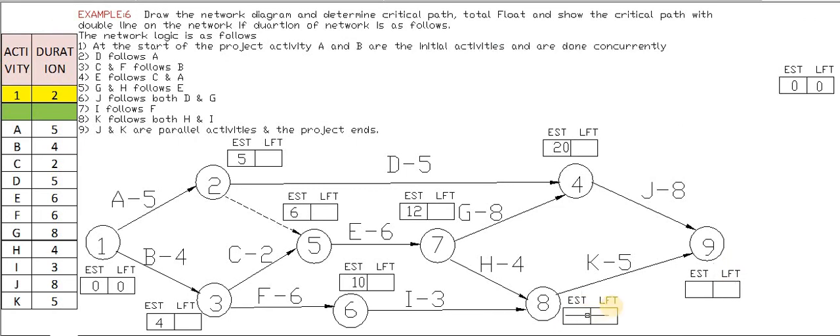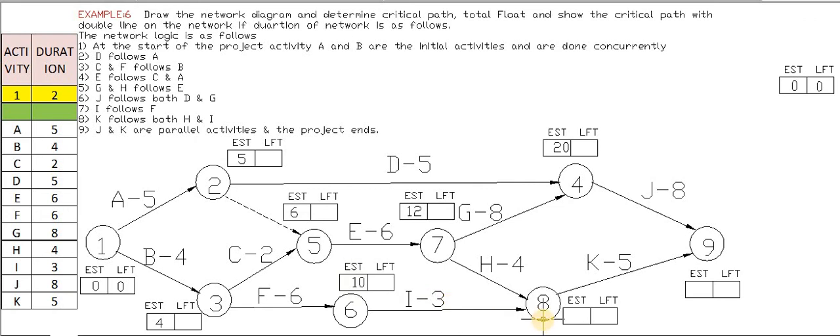Next is node number 8. Node number 8 again has 2 arrows meeting. One arrow is from 7 to 8, the next arrow is from 6 to 8. First we will see 6 to 8. The EST of 6 is 10, so 10 plus 3 is 13.